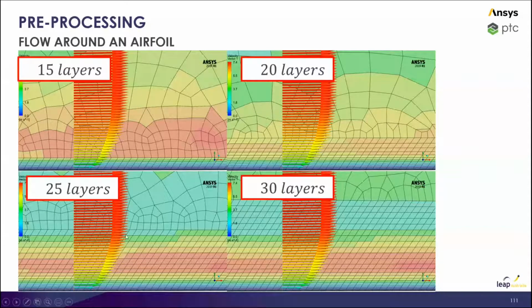Even 25, you might give that a pass, considering computational expense. If you don't have the kind of resources that some people do, you may be able to cut it down a little bit, but for a research level CFD solution, you want to be having inflation layers that cover the boundary layer quite well.